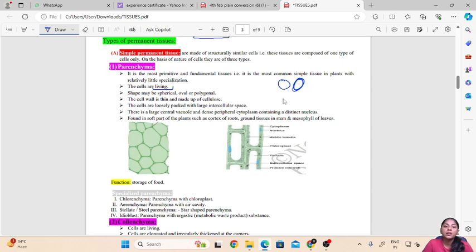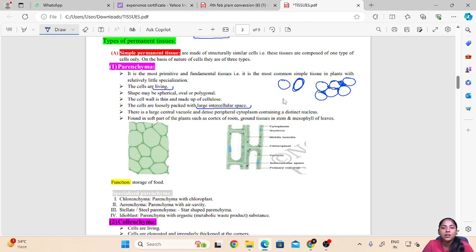These parenchyma cells usually have a thin cell wall made up of cellulose. Then the cells are loosely packed with large intercellular spaces. In this parenchyma tissue, the cells will be loosely packed, with large intercellular spaces between them.